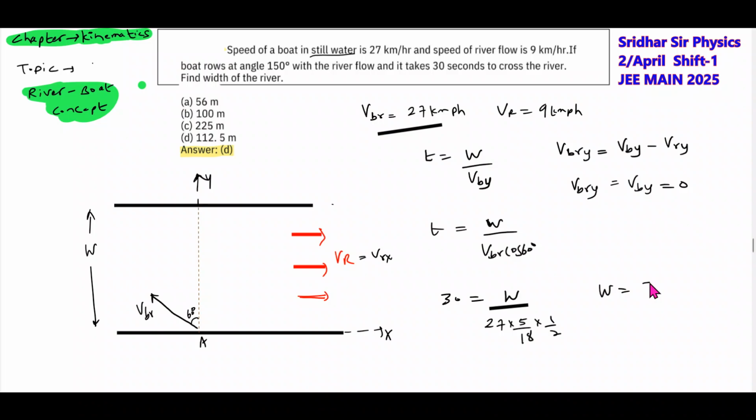Okay, with this the width of the river will be 30 into 27 into 5 by 18 into 1 by 2. A little bit of calculation is there, you have to be careful. This will be 15, this will be 6, this will be 9, 2, this will be 3, and this will be 5 by 18, cos 60, 30 seconds, no?